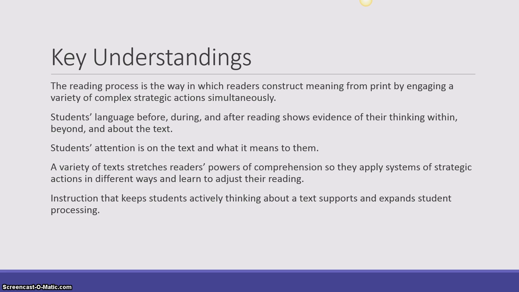Students' attention is on the text and what it means to them. A variety of text stretches readers' powers of comprehension, so they apply systems of strategic actions in different ways and learn to adjust their reading. Instruction that keeps students actively thinking about a text supports and expands student processing. So these are our key understandings for today.